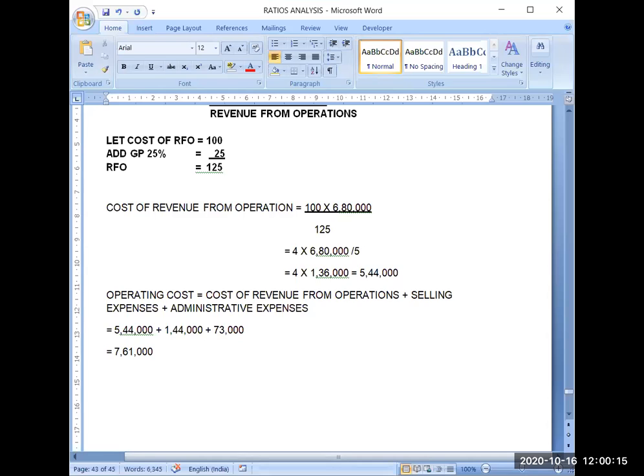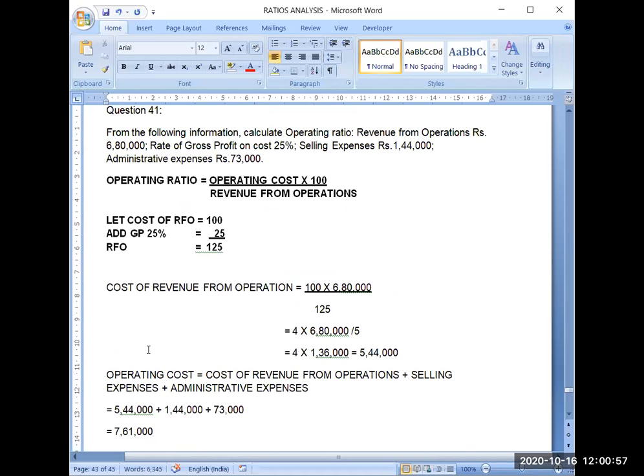You can check it again: 5 lakh 44 plus 44, 5 lakh 88, 6 lakh 88, then 6 lakh 71, and 7 lakh 61. Please check its total, plus 1,44,000. Yes, it is correct, 7,61,000.